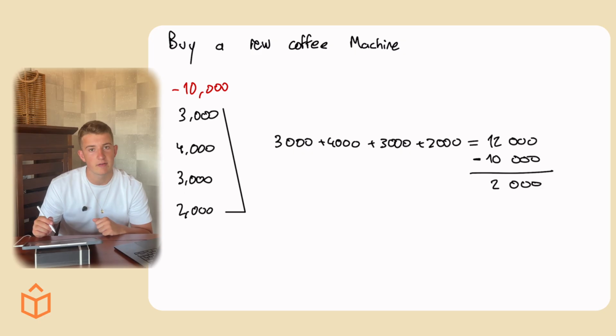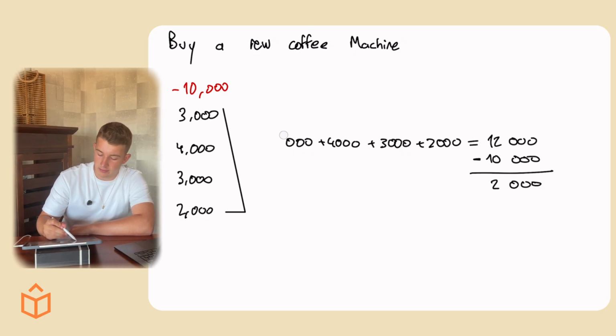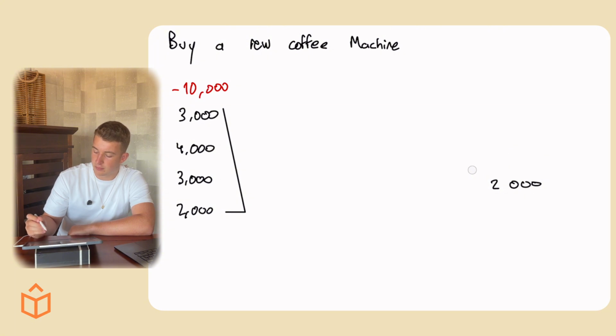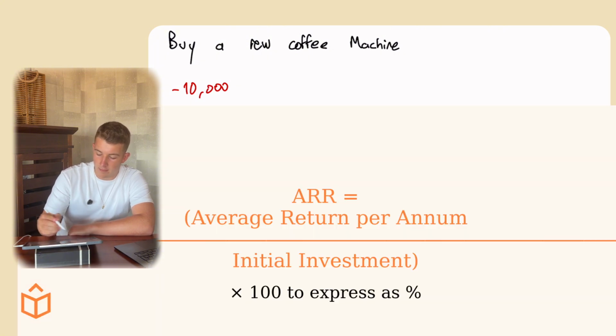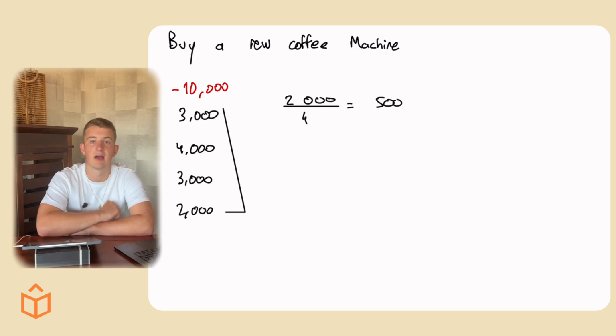To calculate the average rate of return, we need to use the profit per year. So now that we got the total profit, we just have to divide by the number of years, which in this case is 4. So if we divide by 4, we get 500 average return per year. But as I said, average rate of return is expressed in a percentage.